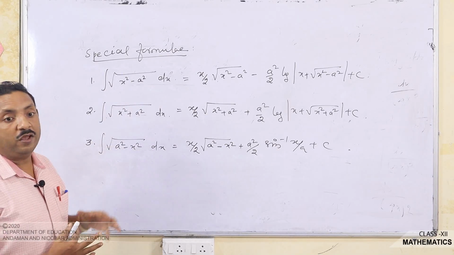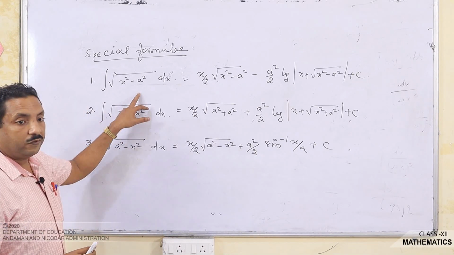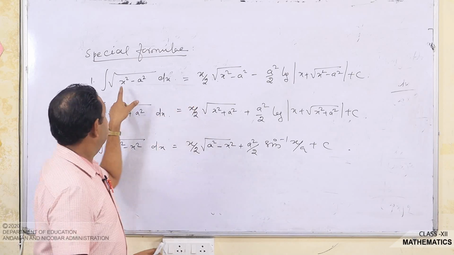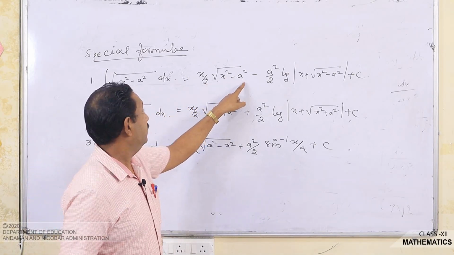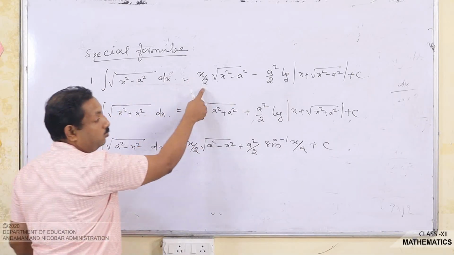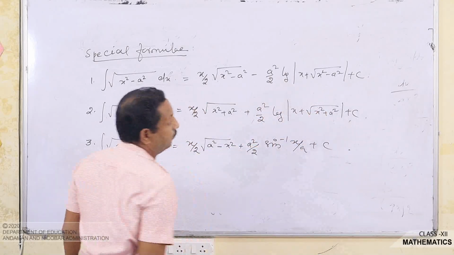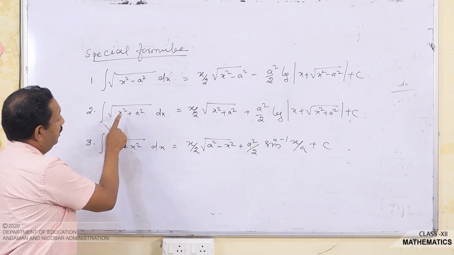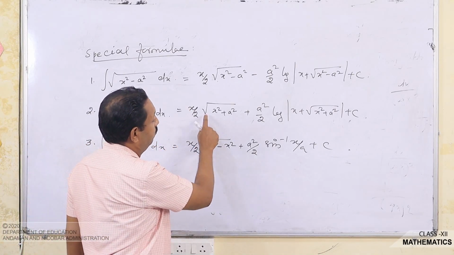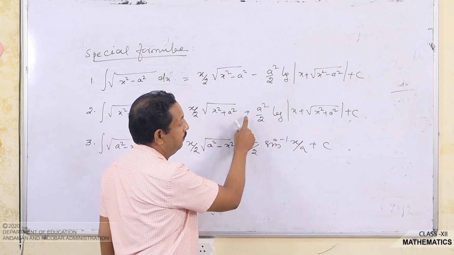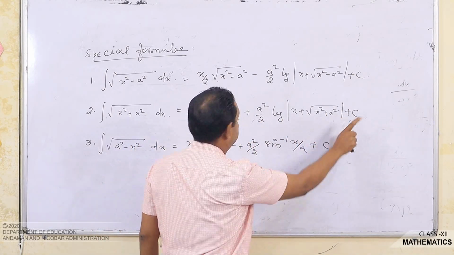There it was in the denominator. And the special forms we are getting: integration of root under x square minus a square dx is x by 2 under root of x square minus a square, minus a square by 2 log of x plus root of x square minus a square, plus c. Similarly, integration of root under x square plus a square dx is x by 2 under root of x square plus a square, plus a square by 2 log of x plus under root of x square plus a square, plus c.